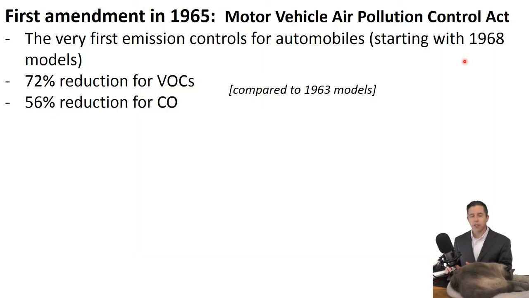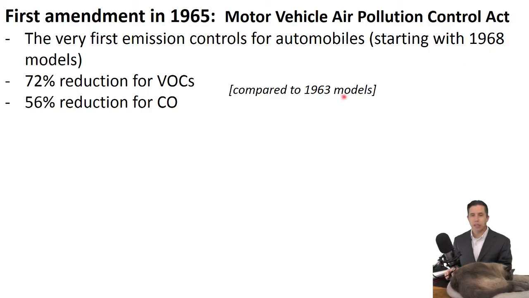Now, in the 1960s, there's going to be some laws that start to come into effect regarding air pollution with cars. So the first amendment to the Clean Air Act occurs in 1965, called the Motor Vehicle Air Pollution Control Act. And what it said is that cars that are going to start being built in 1968 have to be cleaner than the previous models.